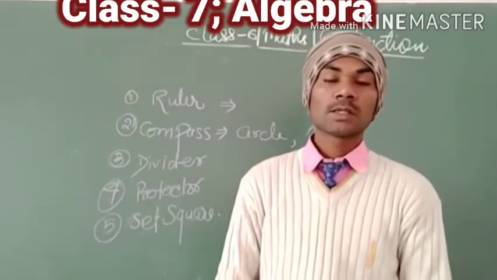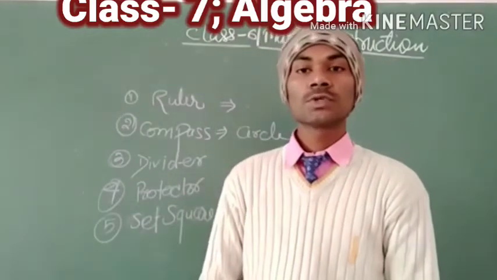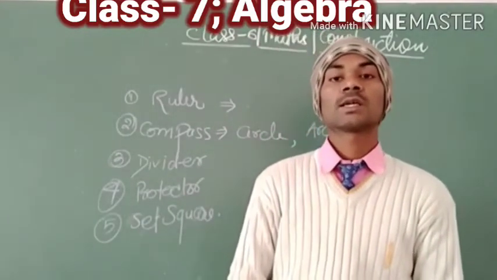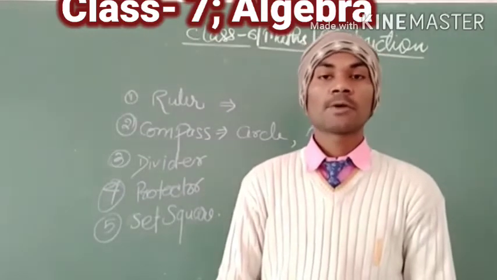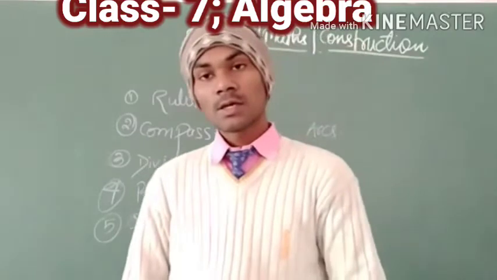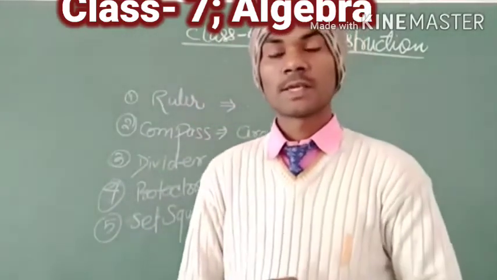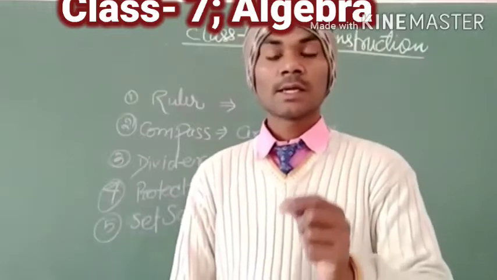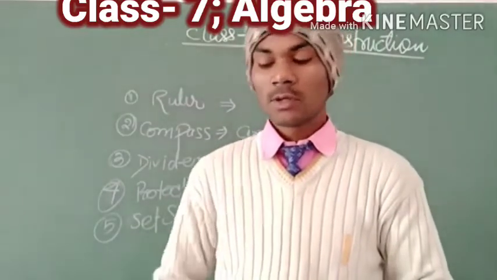The next is the protector. Protector is the most important tool in construction. It is used to measure the angle of a given figure. The protector looks like a semi-circle and it measures angles.